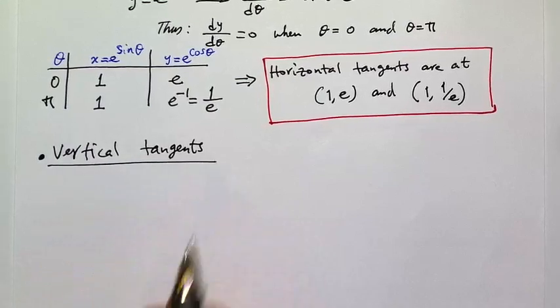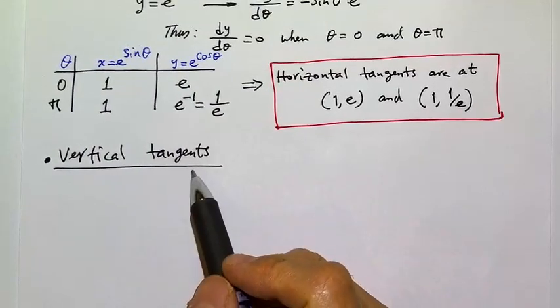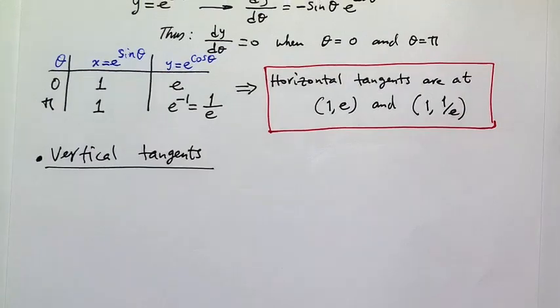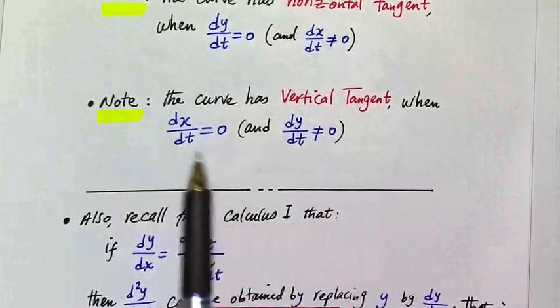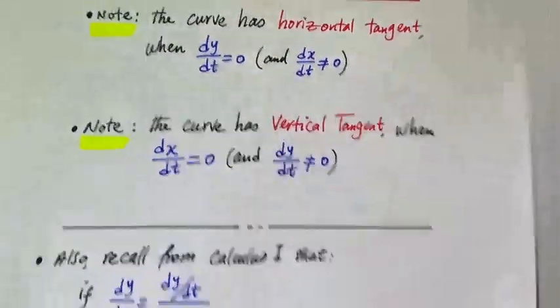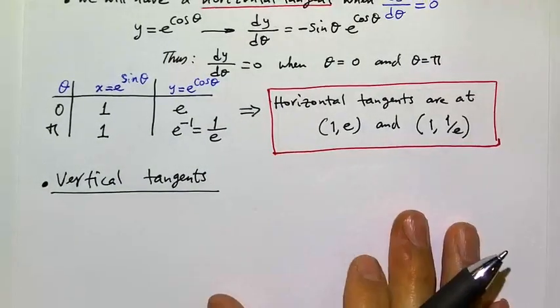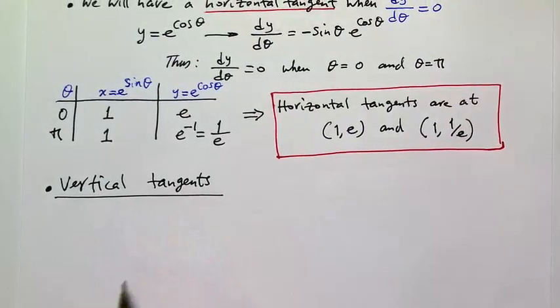Vertical tangents occur when dx/dt is equal to 0. So let's find dx/dt.